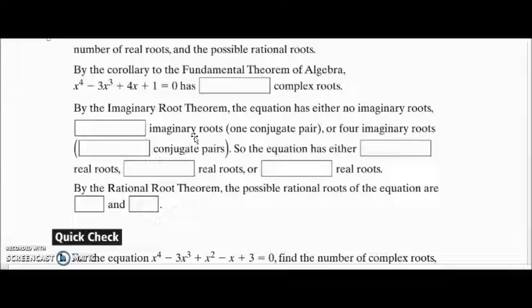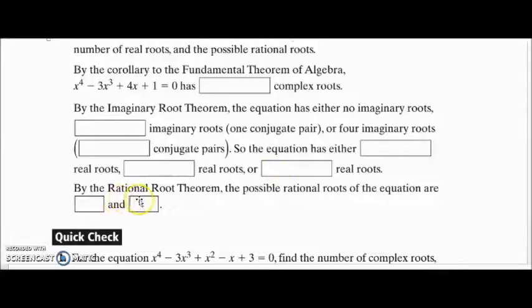So they come in pairs because of that plus or minus, okay? So this is 2 imaginary roots or 4 imaginary roots, which is 2 conjugate pairs. So the equation either has 4 real roots, 2 real roots, or 0 real roots.